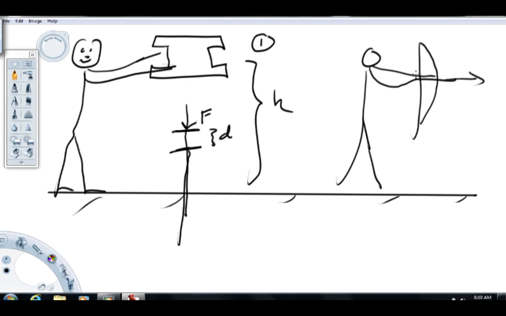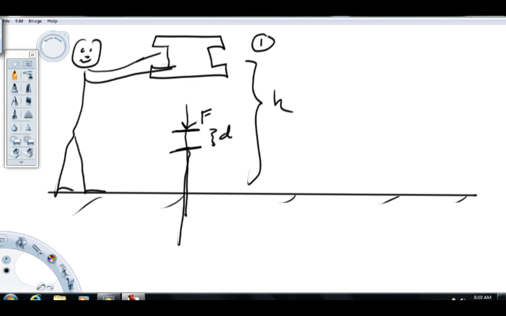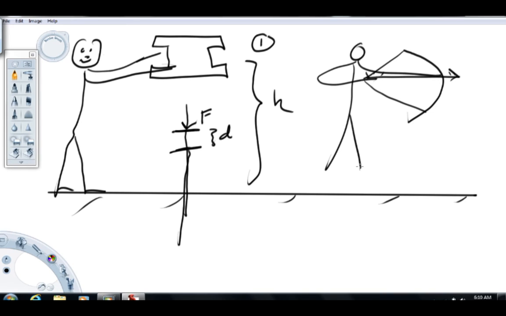So I'm going to draw the picture with the bow drawn back now. When the bow gets drawn back, here's the person holding it. And again, I'm not much of an artist, but in the drawn back position, the position of the bow and arrow and string all together now has an energy associated with it.